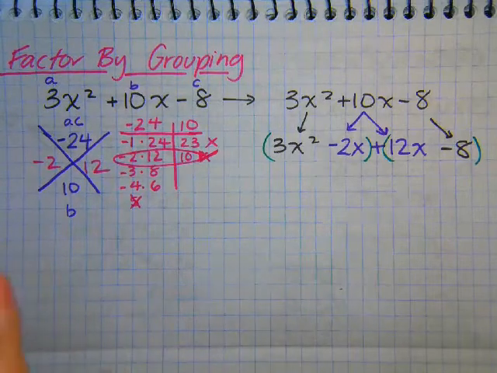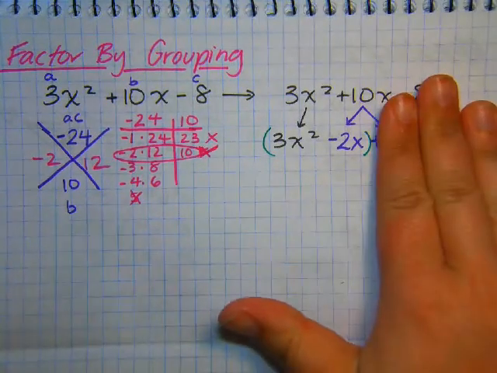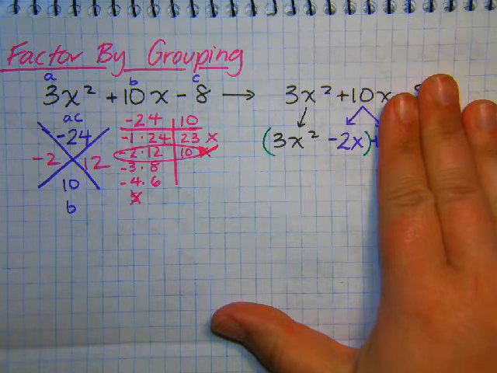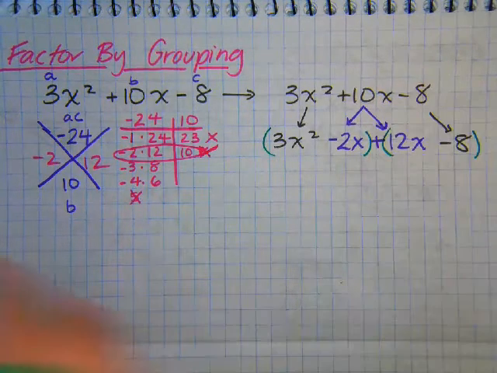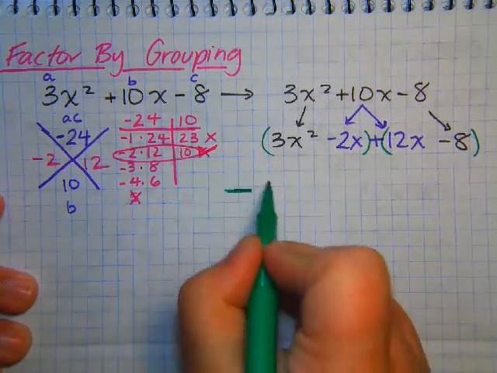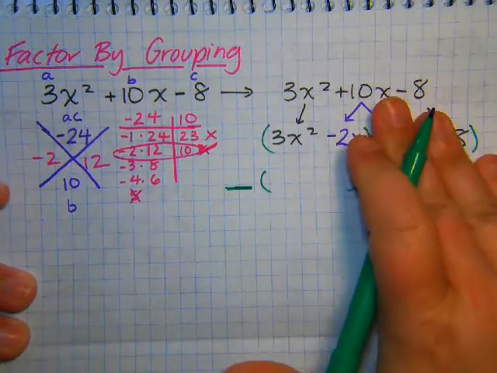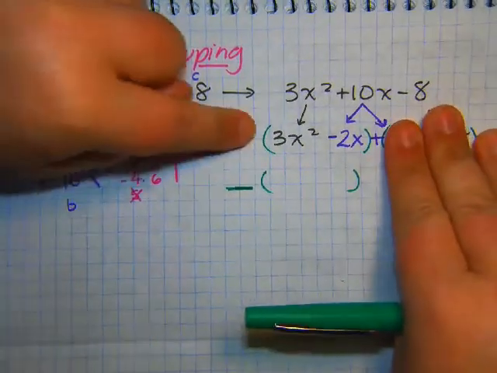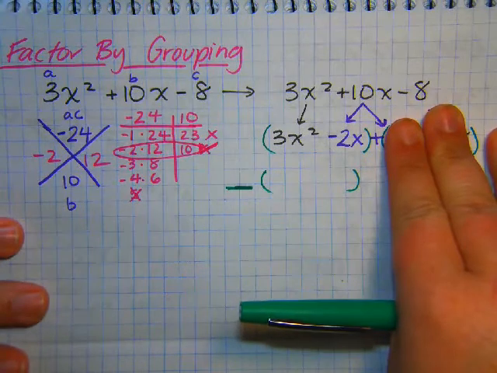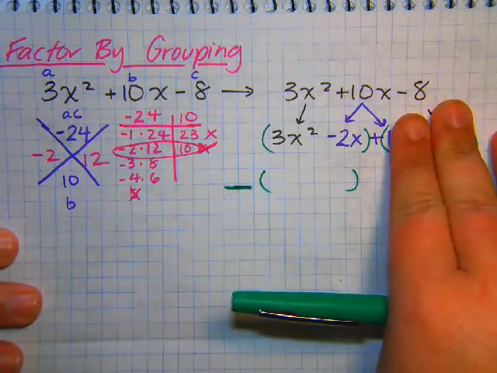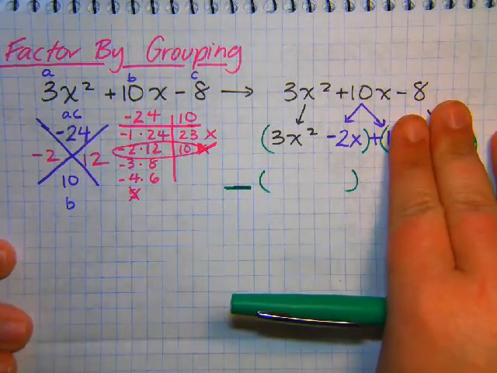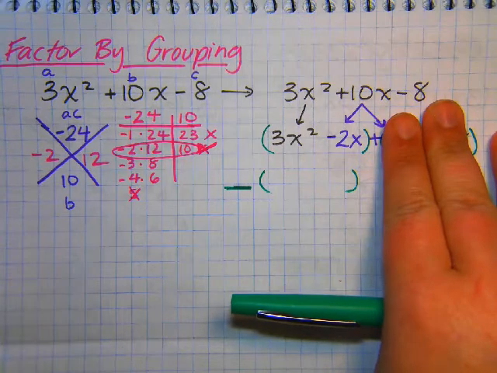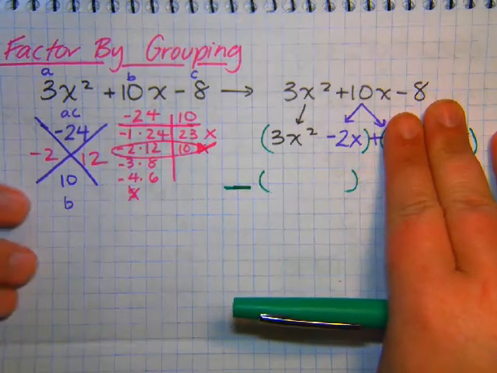Because it's factor by grouping. We look at the first group here, and we want to factor out the GCF. That means you'll have something in front of parentheses. We look at the numbers 3 and 2. Those are both prime, so I could factor out the 1, but that doesn't make any sense, because 1 times anything is itself.